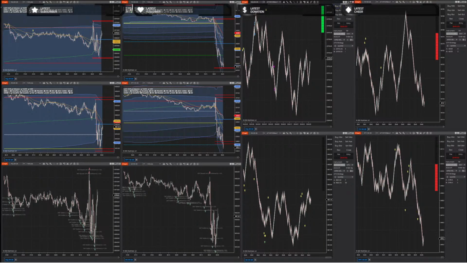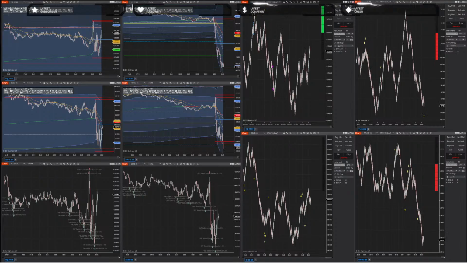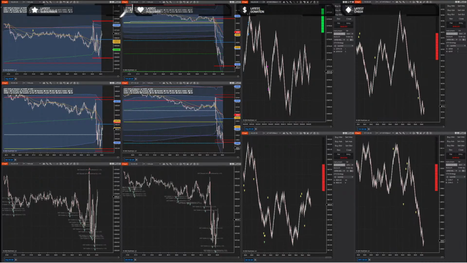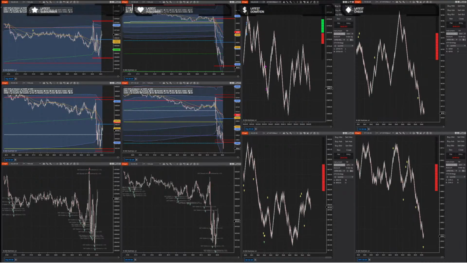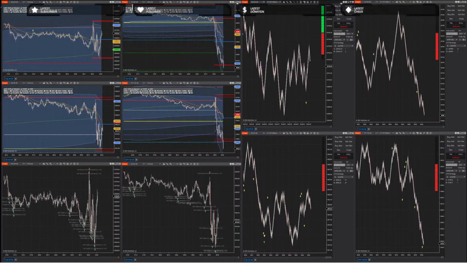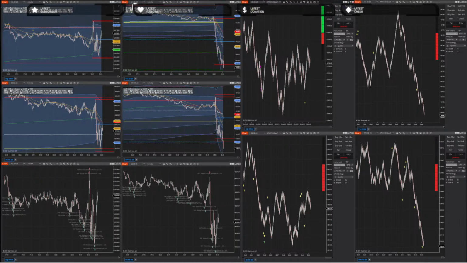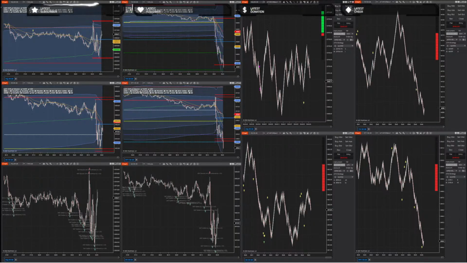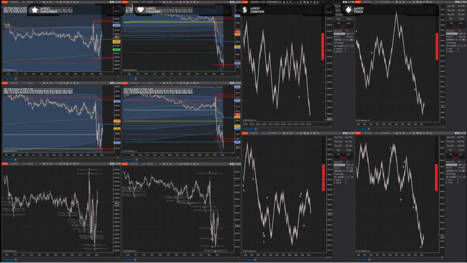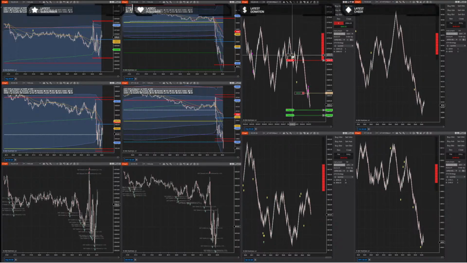Everything's pushing down, so I expect NQ to do the same here shortly. Target filled.